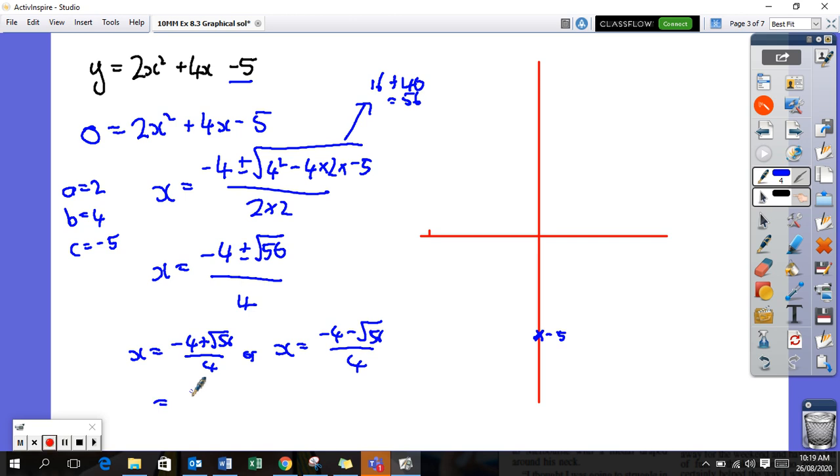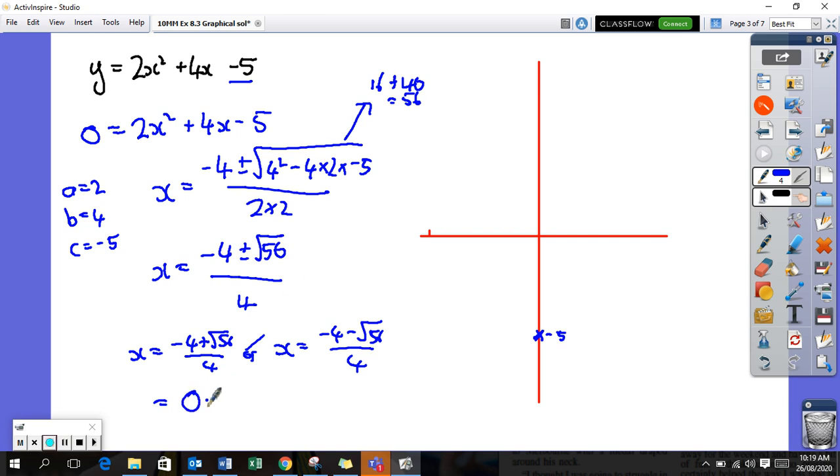So negative 4 plus the square root of 56. Don't forget your brackets around the top bit, or hit equals before you do divided by 4, and we get 0.87. Make sure, just do that in your calculator right now to make sure you can get that.